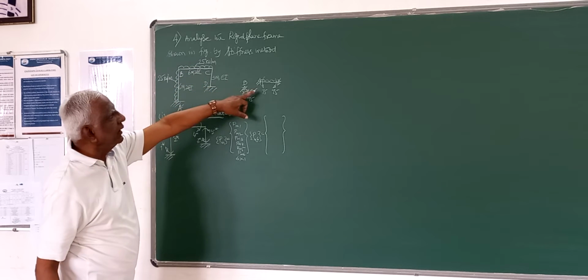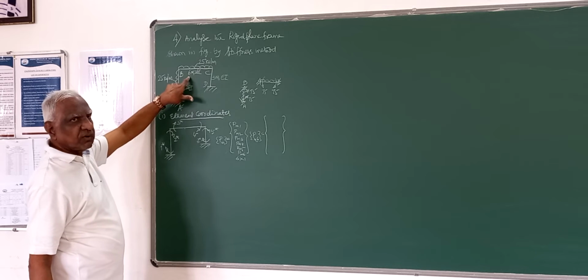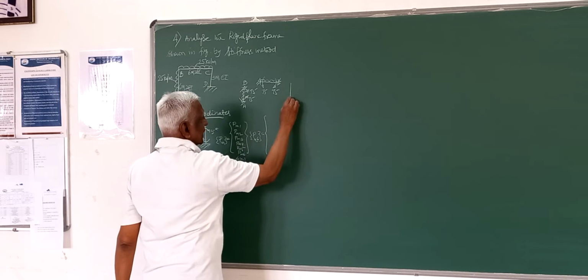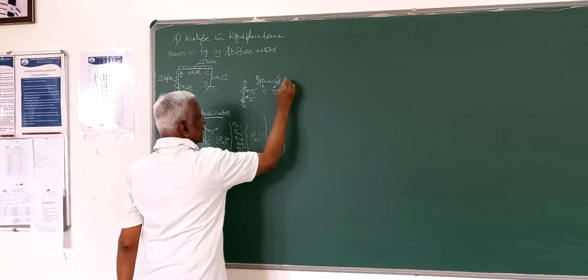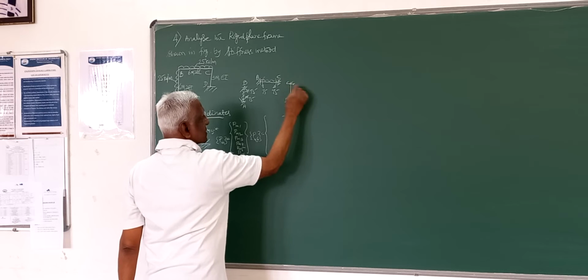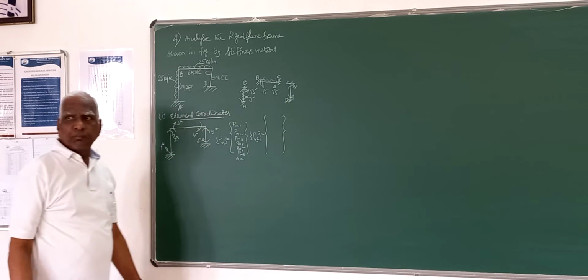So moment will be 25 into span squared by 12, that is 6 squared by 12, that is 75. Then on CD, there is no member load, so naturally there are no moments.